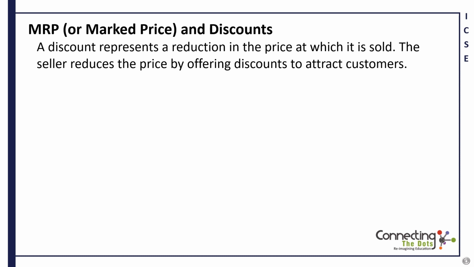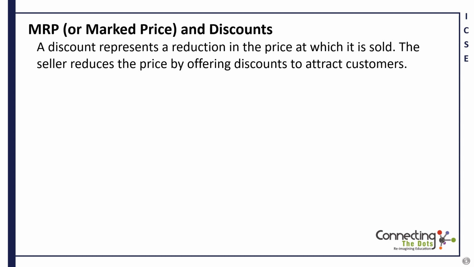So there is something called an MRP. MRP stands for maximum retail price. When you pick up a product in a shop and look at the price, that is usually the MRP, which is the maximum price at which that product can be sold. Any discount that the shopkeeper gives you will apply on that marked price.